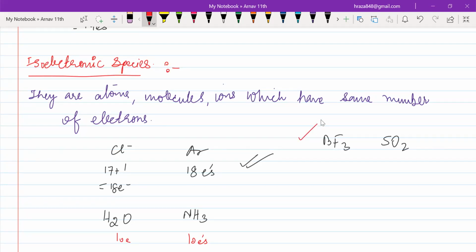Now what about BF3 and SO2? They are not isoelectronic.